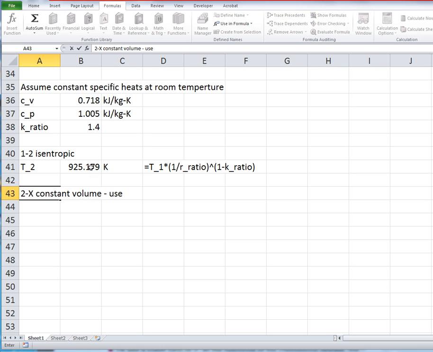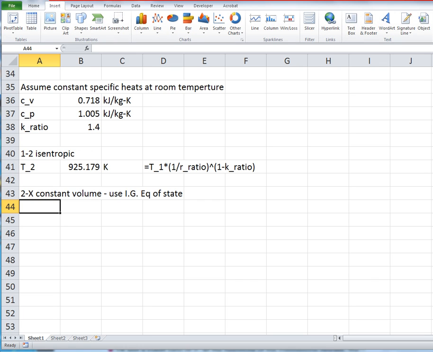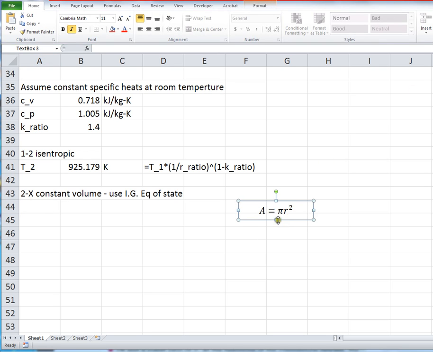So if we use the ideal gas equation of state, let me just write it out here one time. I've screwed that up.